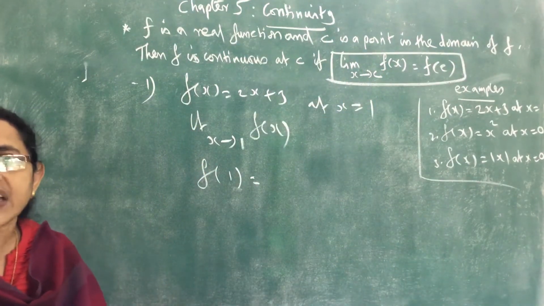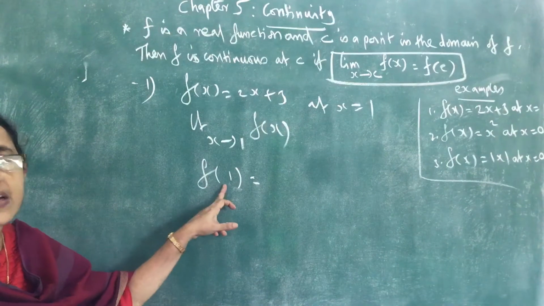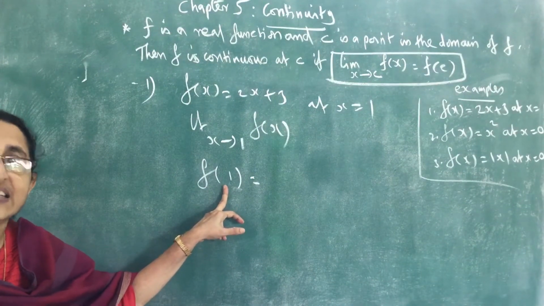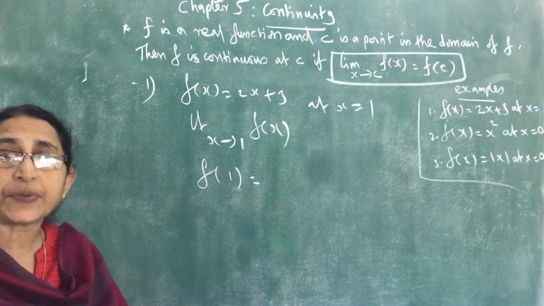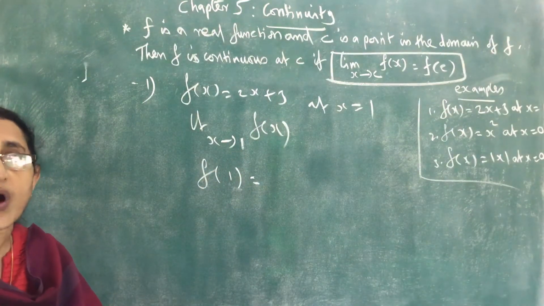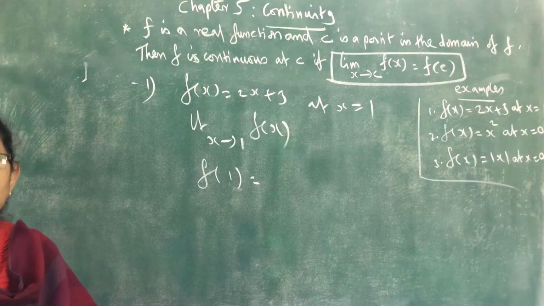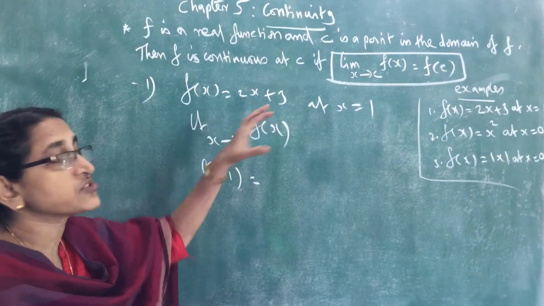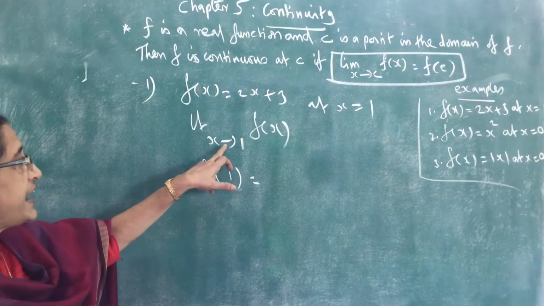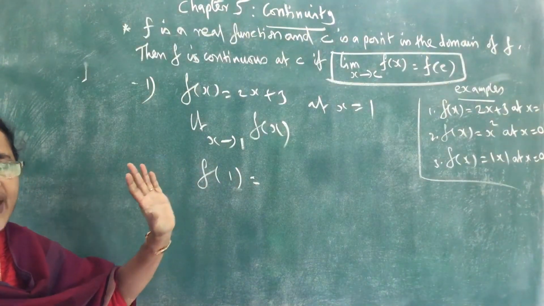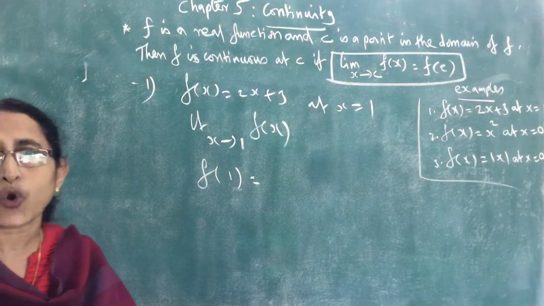Both are different. f of 1 means the value of the function f of x at x equal to 1. This is the limit of the function at x equal to 1. Limit means as x tends to 1, or x comes very close to 1, f of x comes close to which number? That is called the limit. So in this case, x is not equal to 1. x is very near to 1, but x is not equal to 1.